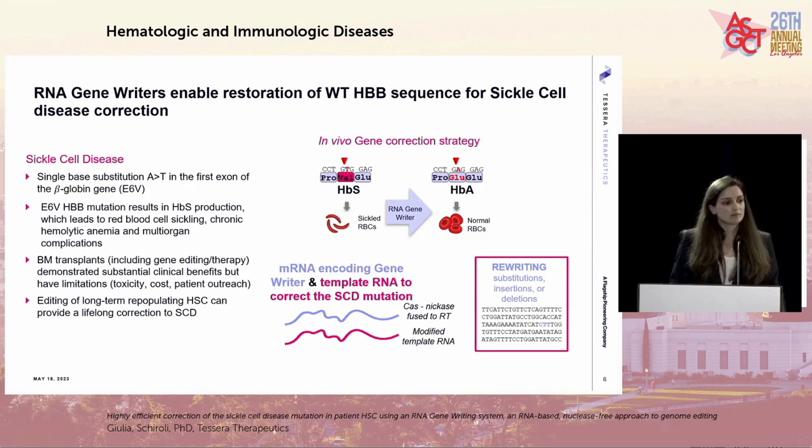As a reminder, our gene writing technology is composed of different RNAs: one encoding the gene writer itself, which in this case is a Cas nickase fused to a reverse transcriptase domain, and a cognate template RNA, which encodes the modification that we want to introduce.